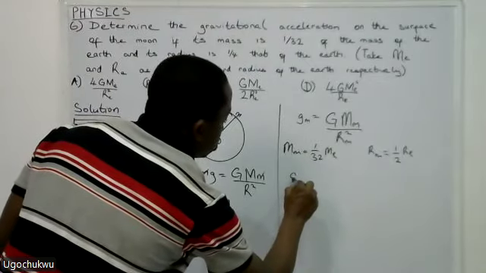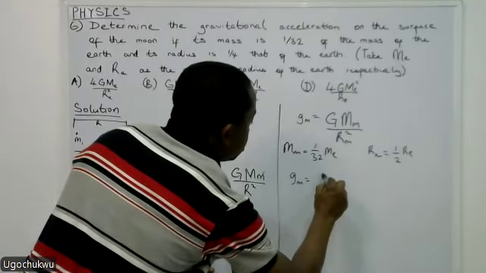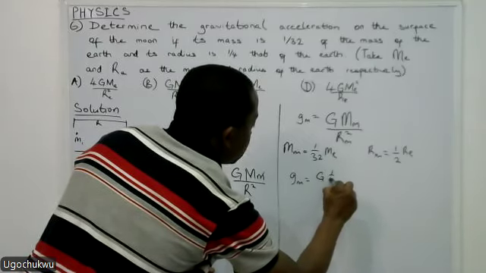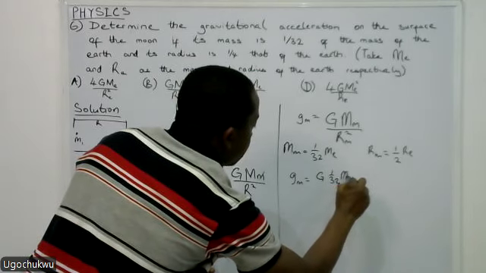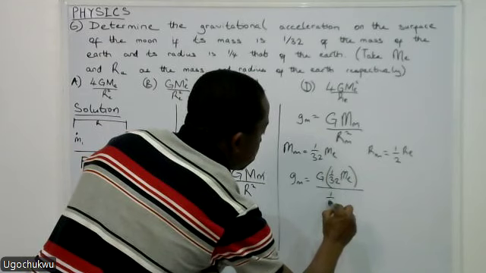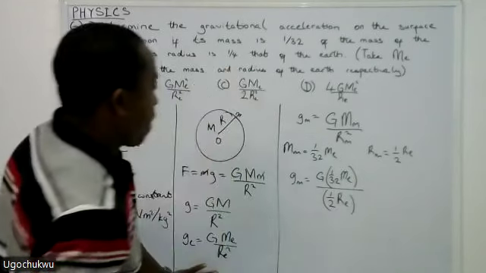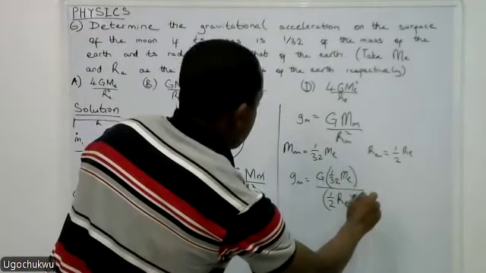So that gives us g of the moon will be equal to G times 1 over 32 ME, all over 1 over 2 RE squared.